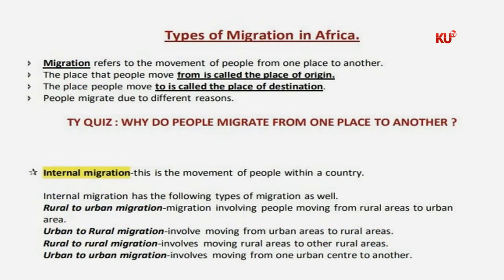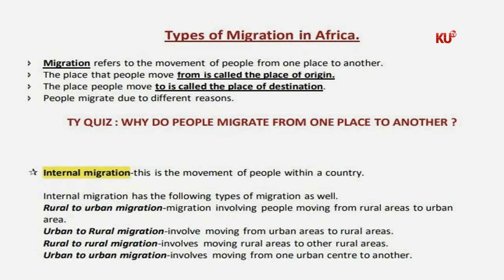If we look at the definition, rural to rural means people are moving from one rural area to another rural area. When we talk about urban to urban, it means people are moving from one urban area to another urban area. Rural to urban means people are moving from a rural area to an urban area.